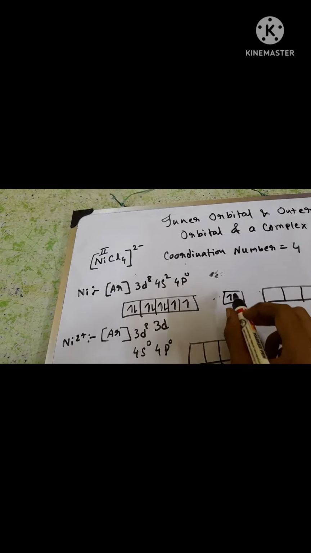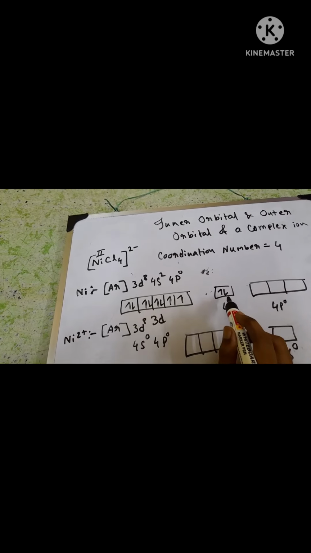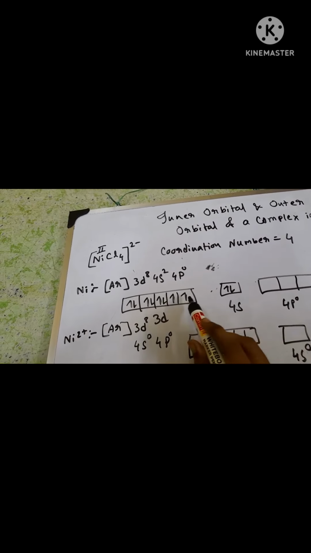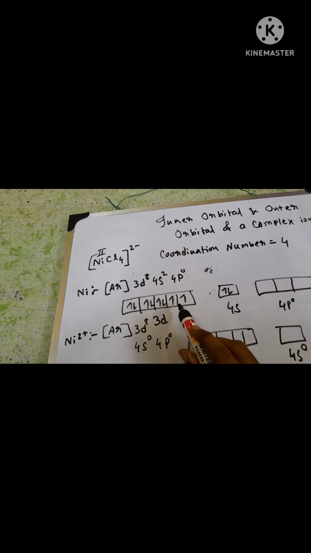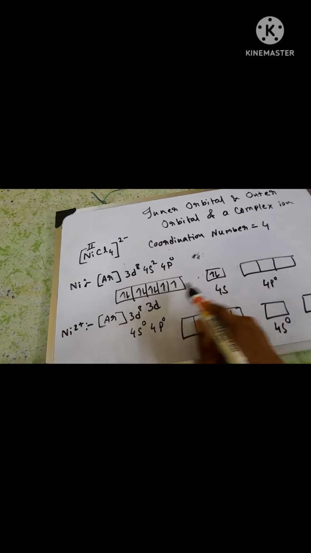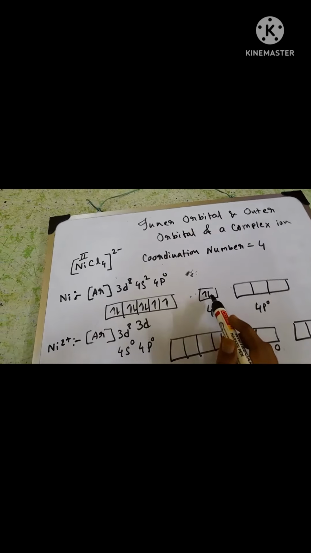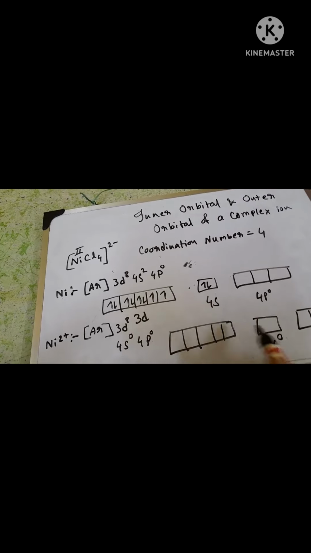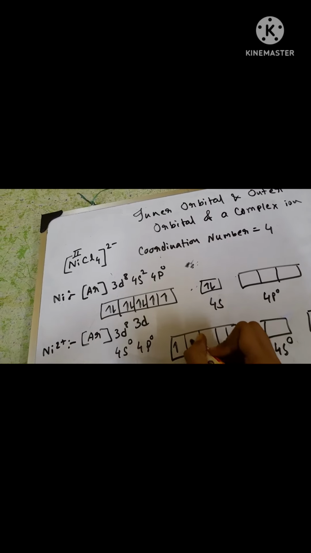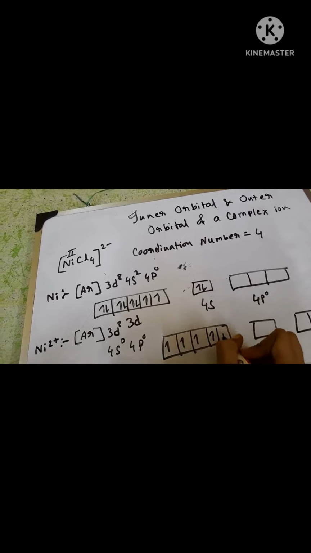The 2 electrons are removed from the 4s subshell, not from the 3d, because there is only a little energy difference between 3d and 4s. So the 2 electrons get removed from here, not from here. So 4s is 0, and the 3d remains the same.